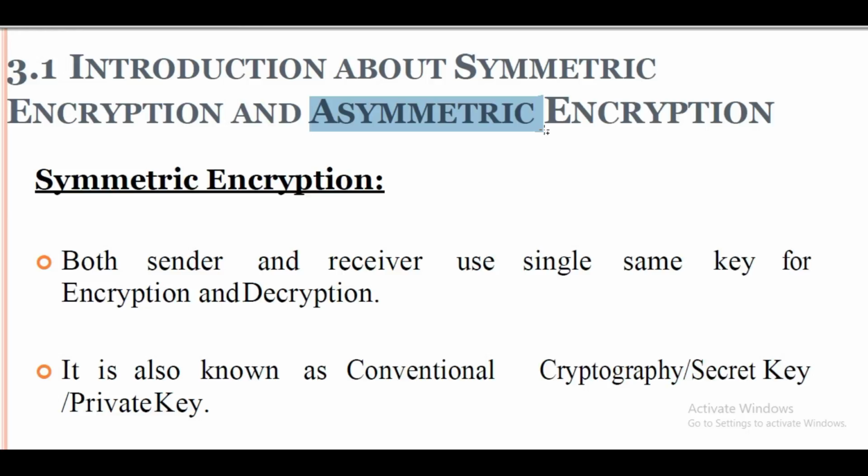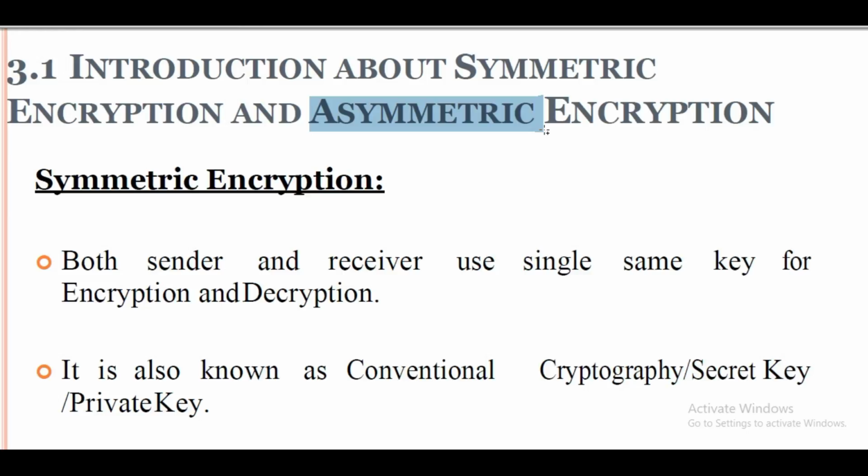The public key is known by everyone, whereas the private key is for the receiver side. To read the message in asymmetric encryption, for the decryption we need to apply our own private key, and then we are able to receive the message in readable form. That is the main difference between symmetric and asymmetric.